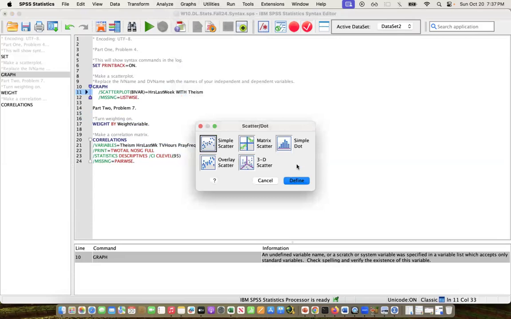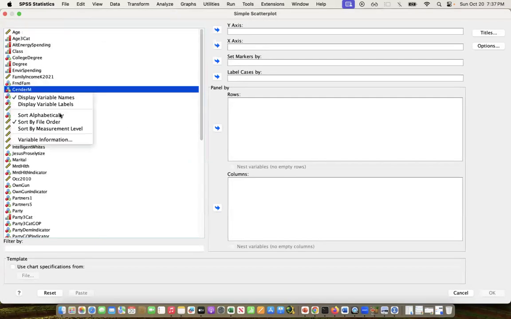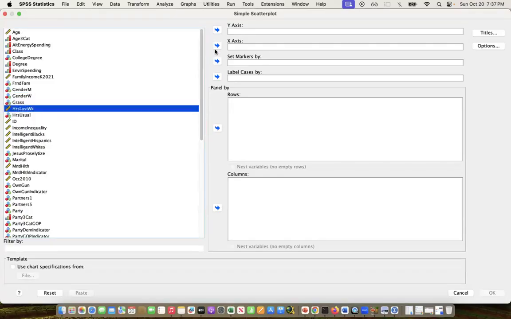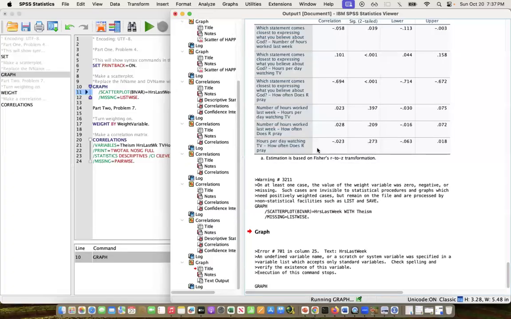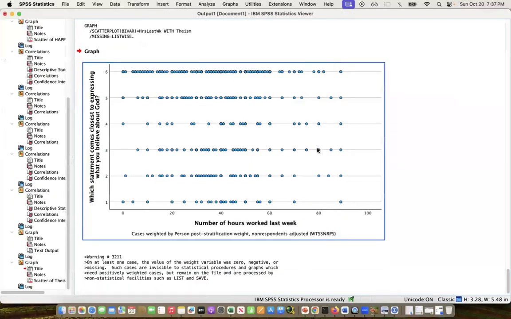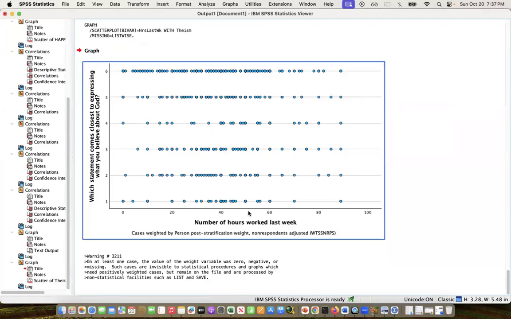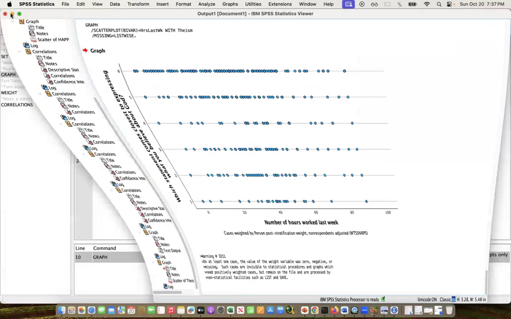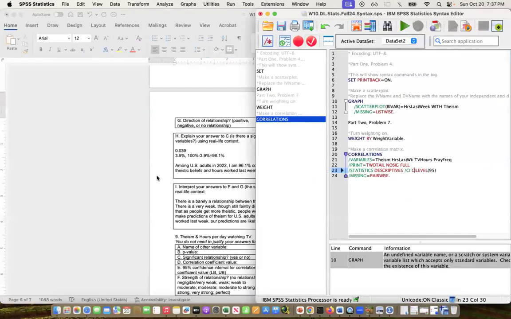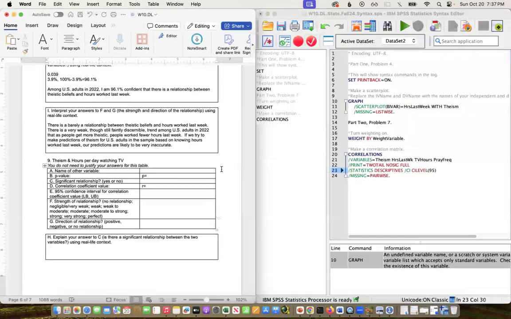Let me just put it in here. You can see how I can't tell, right? I really can't tell what's going on. And so that's not helpful to me at all. Okay, so anyway, we did the first one, and now we're just repeating that again for the next two.